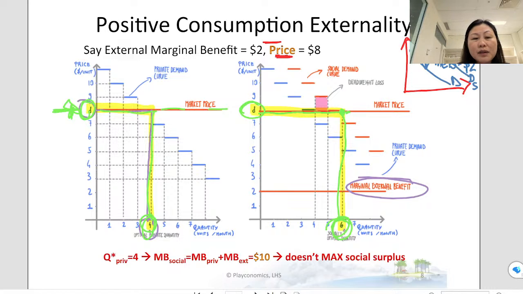Maybe society will like you to do more exercise because that's really good for everyone, not just you. And this is a situation where Maya, by doing the best for herself, is not achieving the socially optimal quantity because they're not considering the external benefit of the actions.